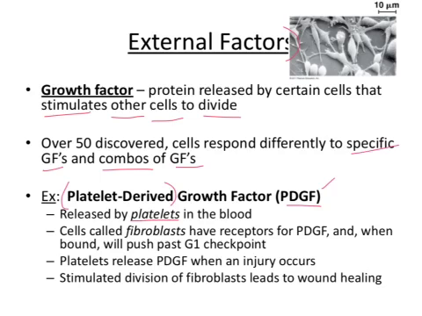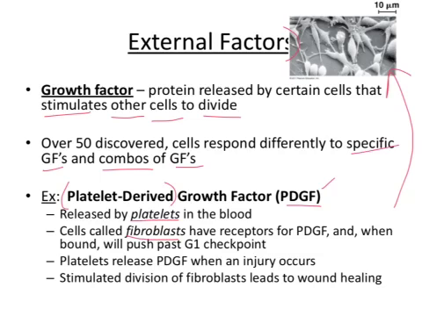We might be familiar with platelets because they're the things that help you form a clot when you want to. So if you cut yourself, platelets will help you to clot that blood so that you don't bleed forever. Now platelets only do part of that job. The guys that are really responsible for closing up that wound and stopping you from bleeding are cells called fibroblasts, which you can see up here in this picture.